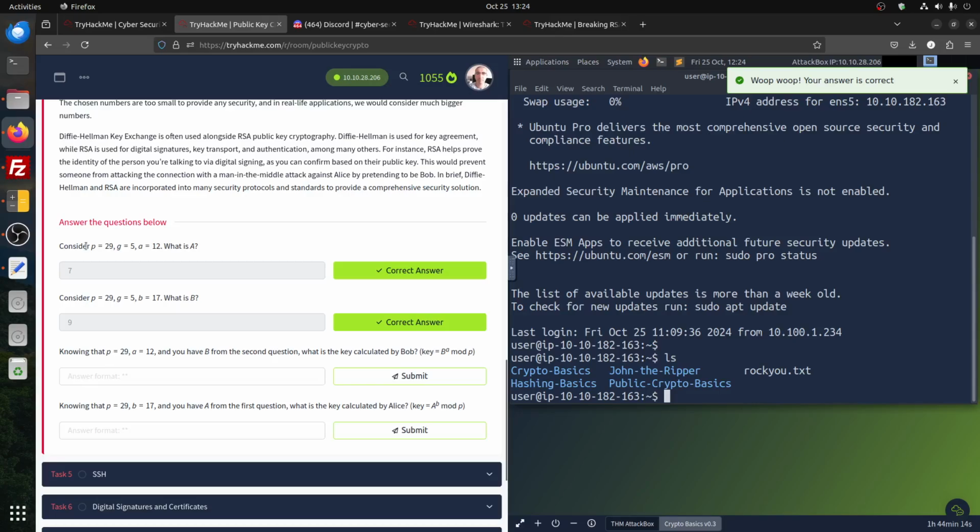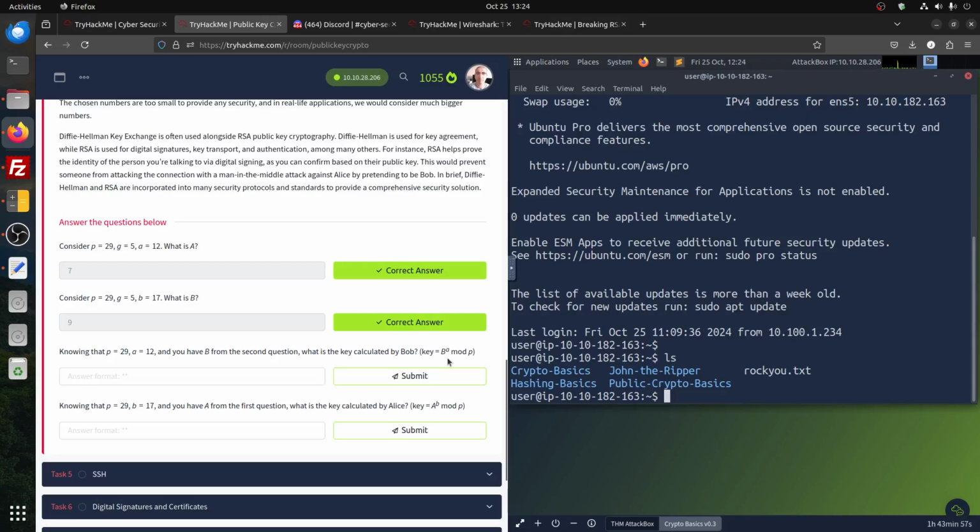Now because we have P and we have a, 12 in this case, and we have B from the method, which we found to be 9, what is calculated by Bob?